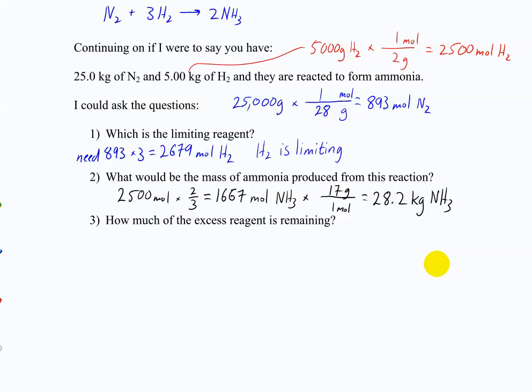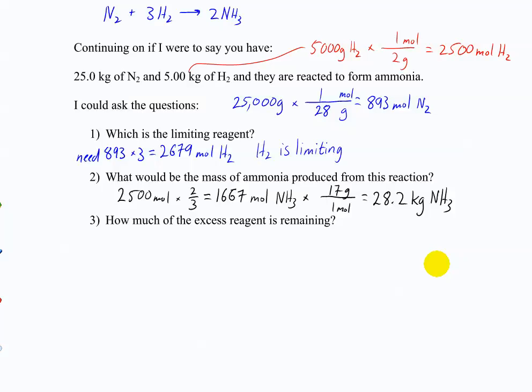Subtract the starting amount by the amount that can react. That'll give you the amount left over. But how do we know the amount that could react? Because it's limited by the total. Well, that's the number of extra moles of hydrogen that we would need. Go back to the equation now. So that's a way to get it, yeah.